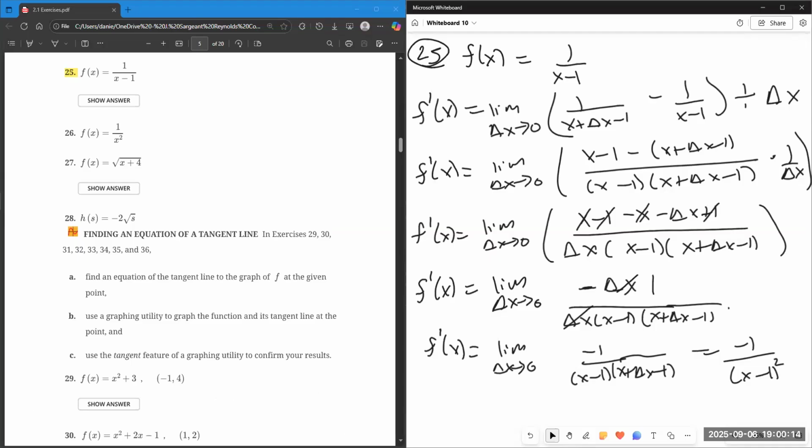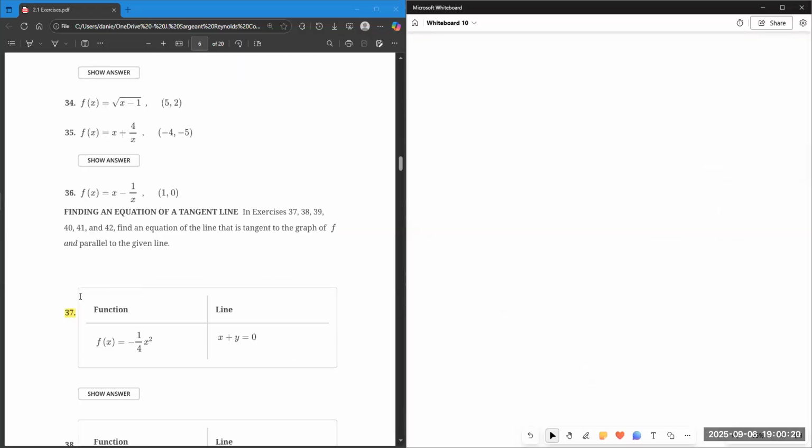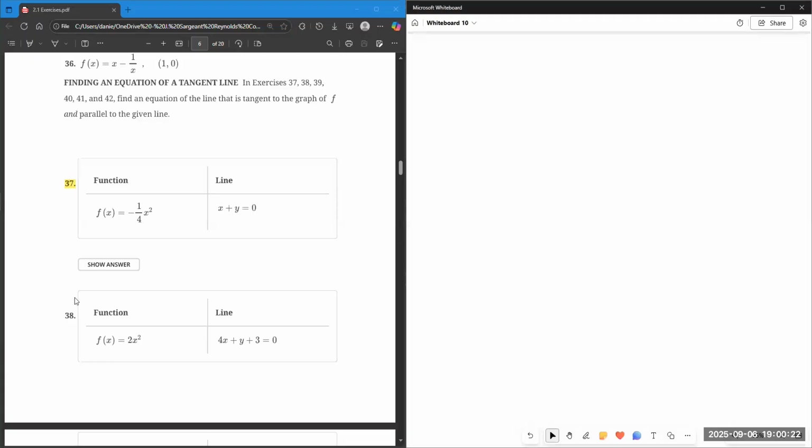Let's look at number 37 next. We want to find the equation of the tangent line, given some information about our function f of x. That is quadratic, negative 1/4 x squared, and a line that is parallel to the tangent line.